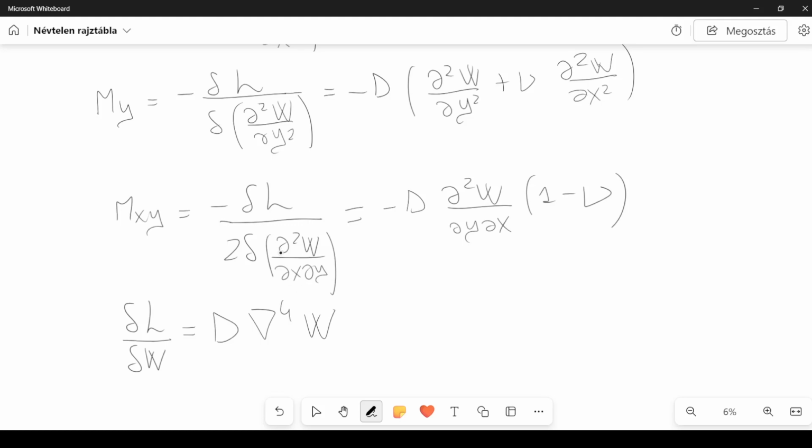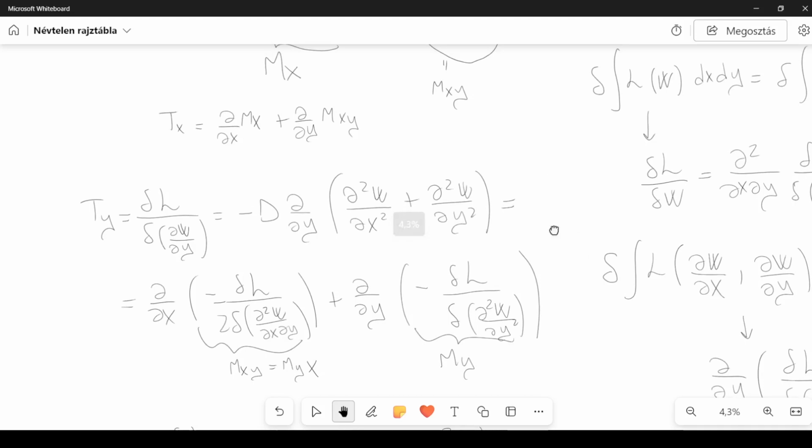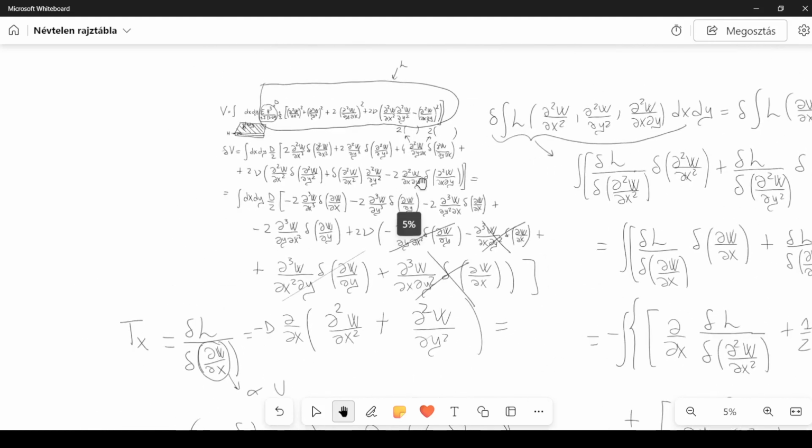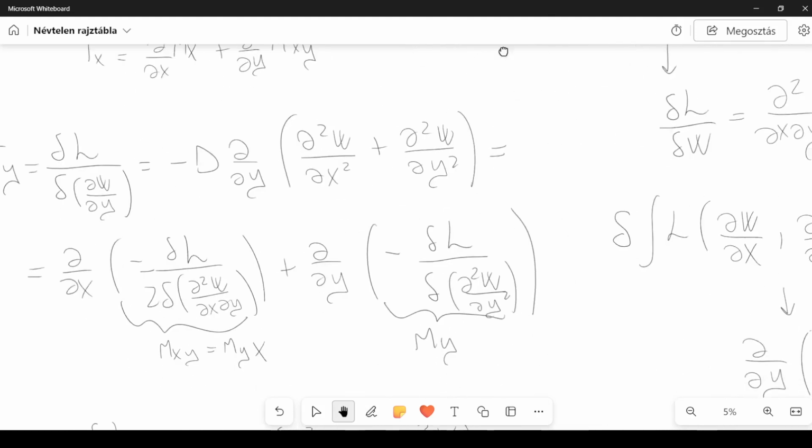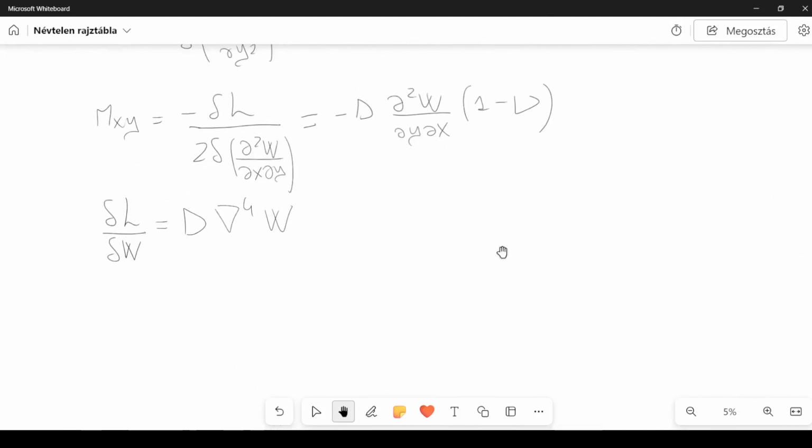And you have to integrate by parts twice, starting from the variation that we have here. You integrate by parts twice, and then you set the variation equal to 0 when you have no external forces. So this variation would be 0 when you have no external forces.